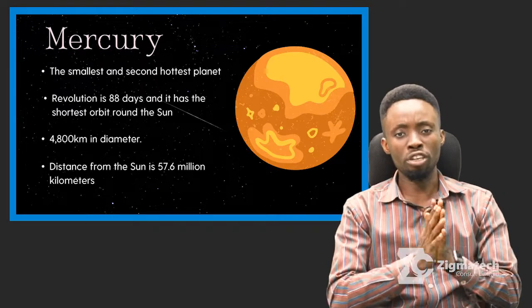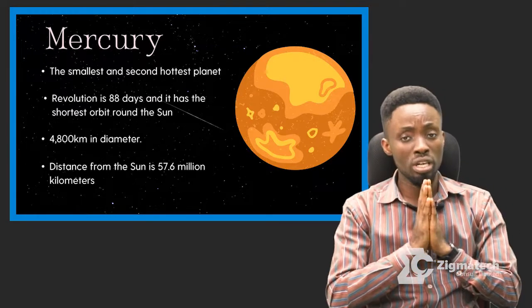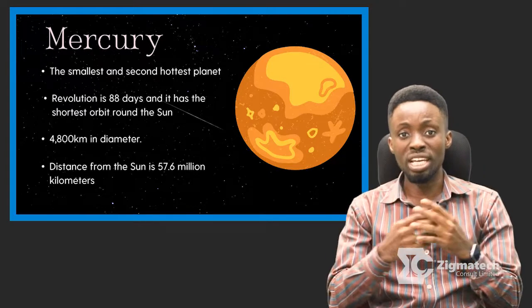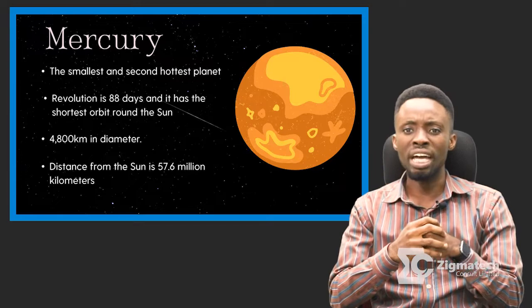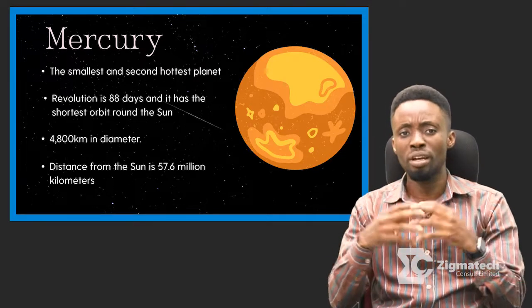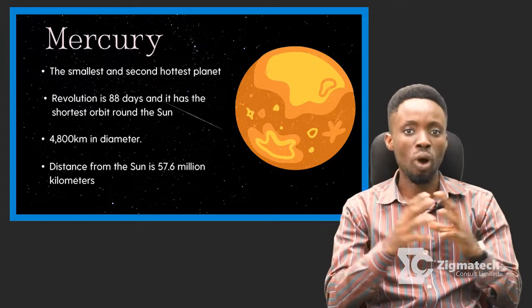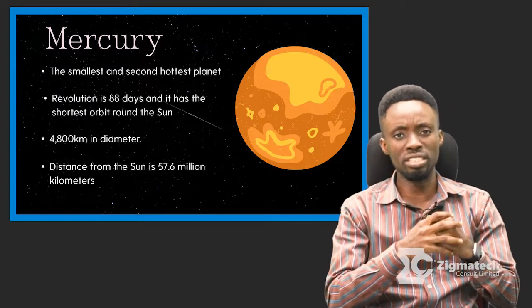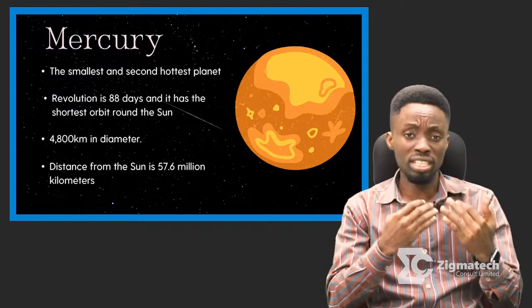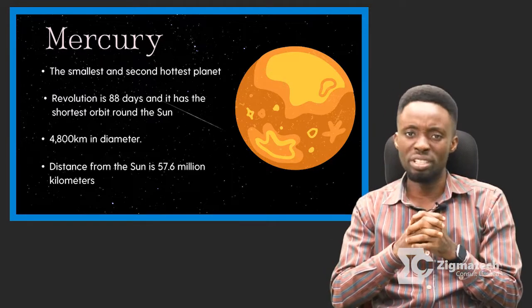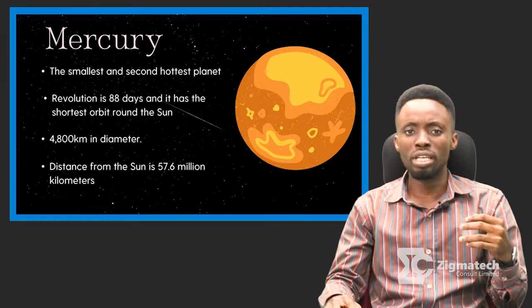That means for Mercury to go around the sun, it will take 88 days, which means that it has the shortest orbit. And in terms of diameter, Mercury is about 4,800 kilometers wide. And the distance of Mercury from the sun is about 57.6 million kilometers.